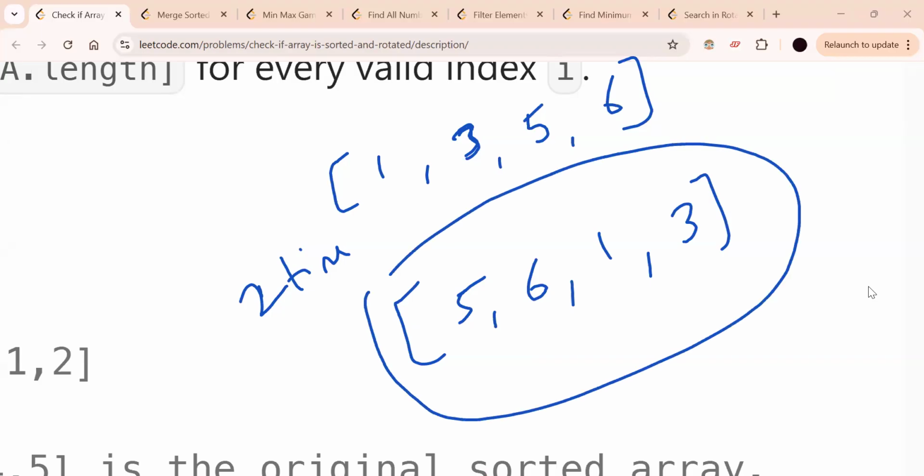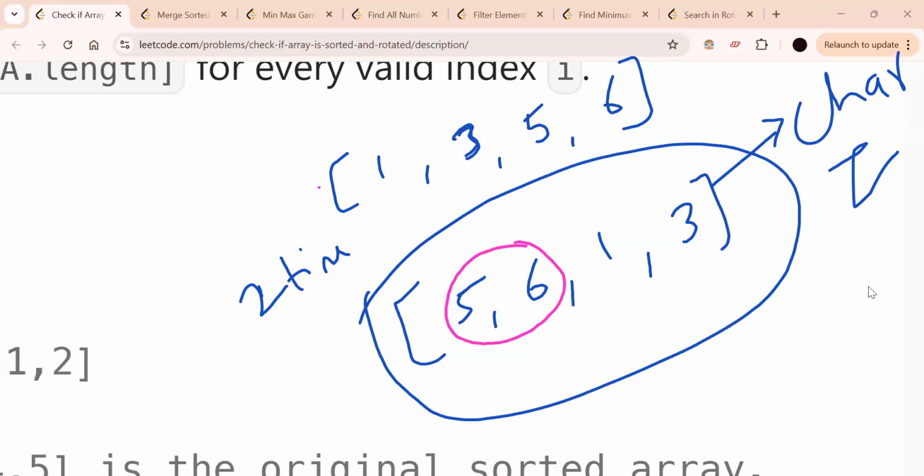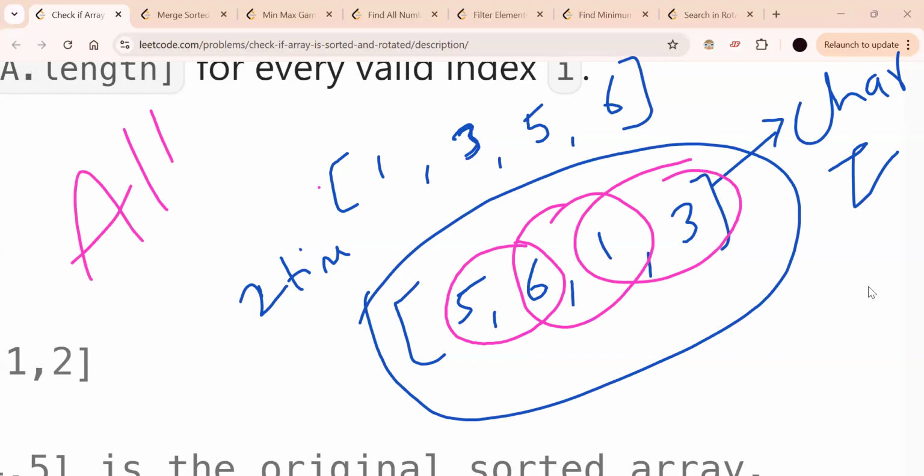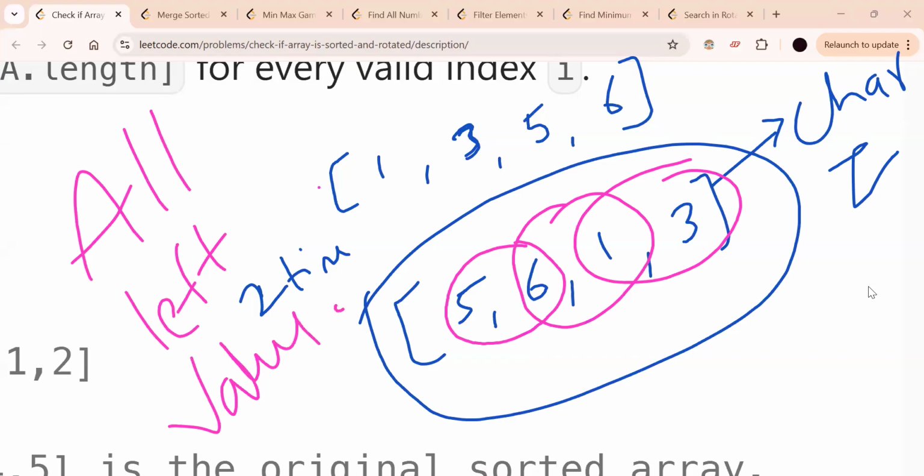Let's find out the characteristics of this array. How is this looking? If you observe in the entire array, if you take any 2 adjacent elements, all left values are lesser ones.